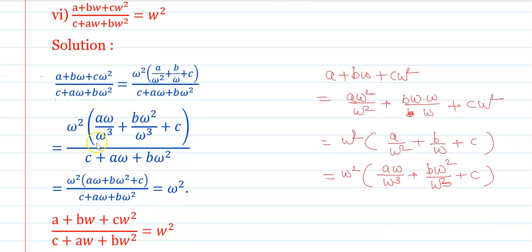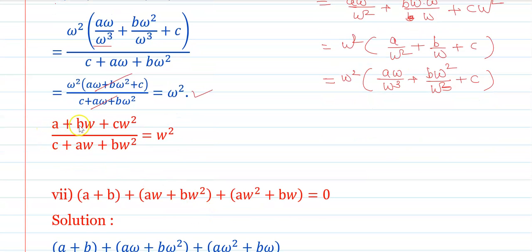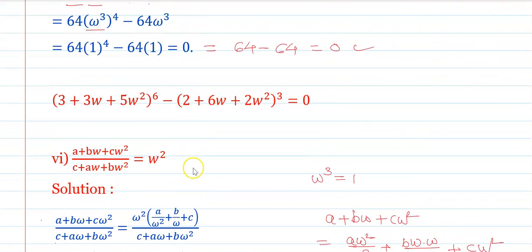Okay, now the value of ω³ is equal to 1, and hence you will get (Aω + Bω² + C) upon (C + Aω + Bω²). Now numerator and denominator, what will happen here? They will cancel, and you will get ω², and hence (A + Bω + Cω²)/(C + Aω + Bω²) is equal to ω² in this way.